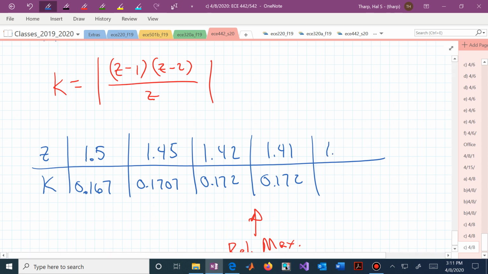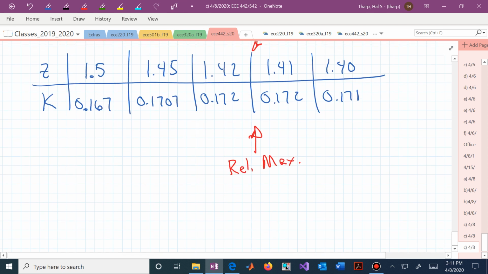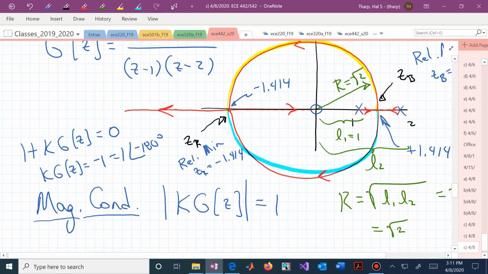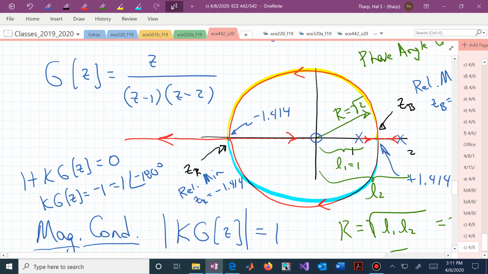And I could now say, well, let me see. 1.40, that's 0.171. Now I'm going down, I'm decreasing in k. So I hit my relative maximum of k between 1.41 and 1.42, or that's now this square root of 2, 1.414, etc. That's now how you could also numerically calculate this breakaway point from your magnitude expression for k.